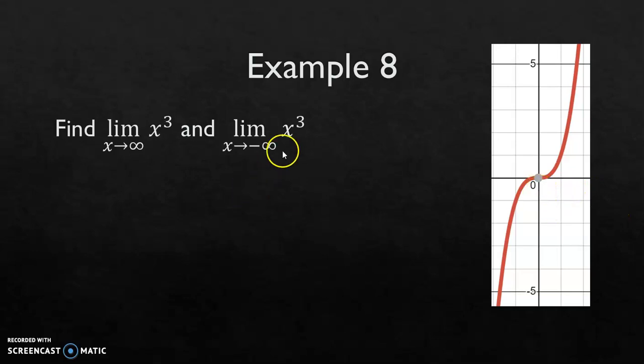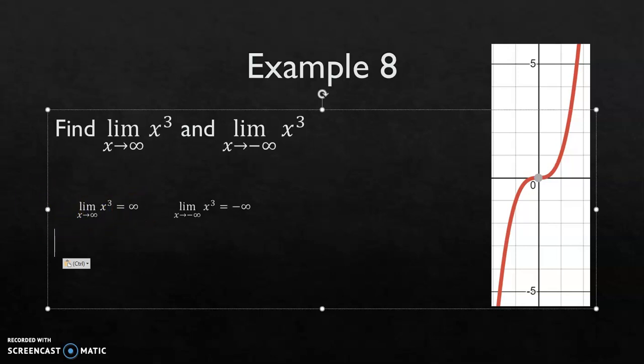Okay, so notice what's happening. As x approaches negative infinity, that means as I go this way, the graph is going downward forever. So that value is negative infinity there. As x approaches positive infinity, the graph is going upward forever. So this value is positive infinity. Let me show you what that would look like. So this is my final answer.